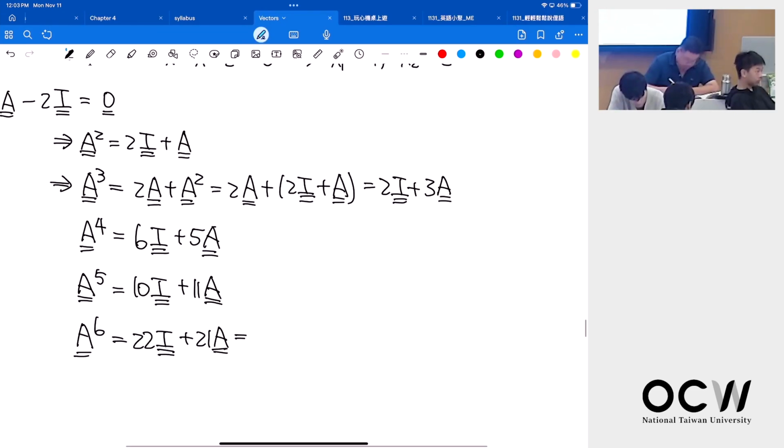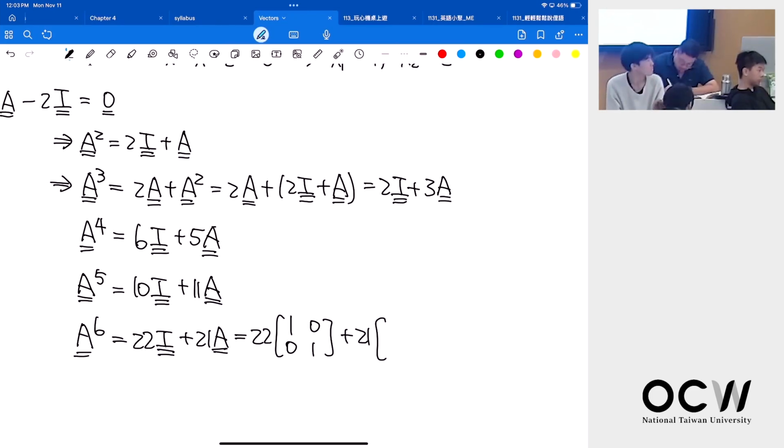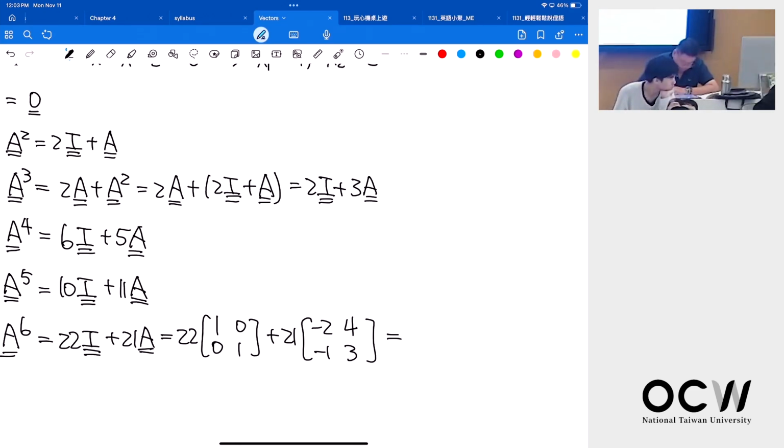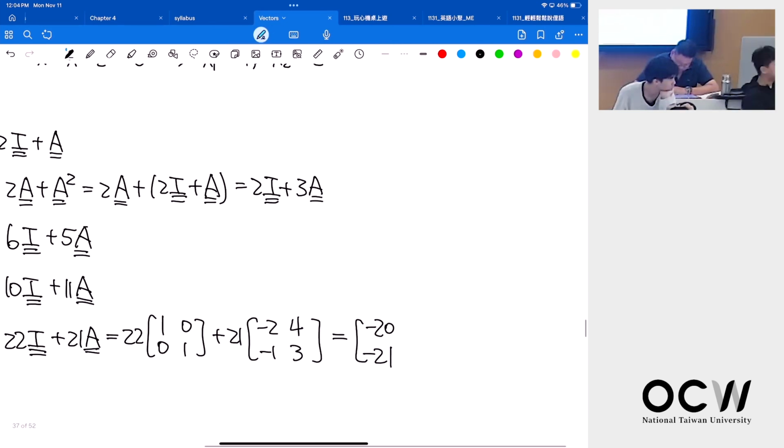That means 22 times the identity matrix 1, 0, 0, 1, plus 21A, where A is minus 2, minus 1, 4, 3. So you get minus 20, minus 21, 84, and 85.